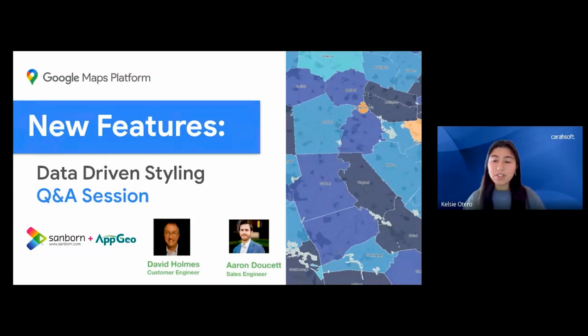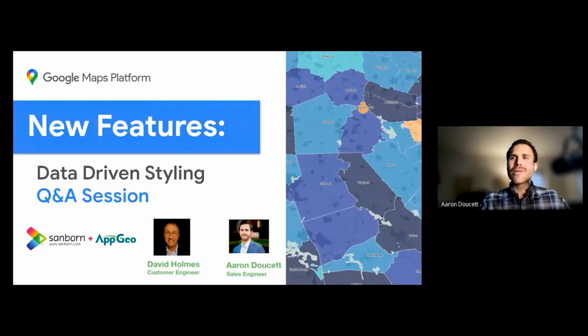All right, the next question says, where do we go to begin using the system? Great question. If you're already a Google Maps platform user, you're going to log into your console, and they have some developer related information that can help you get started.